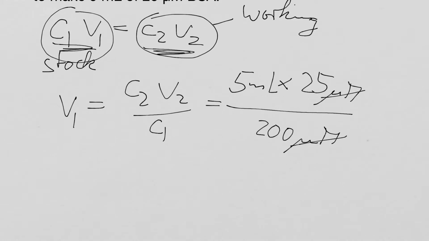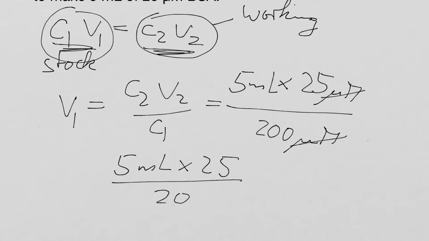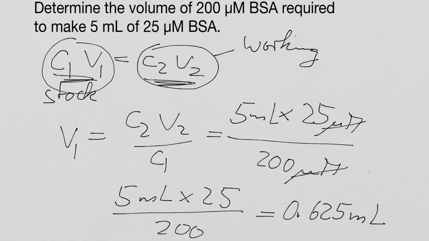So I have 5 milliliter times 25 divided by 200. And that is 0.625 milliliter. Is that correct? Yeah?